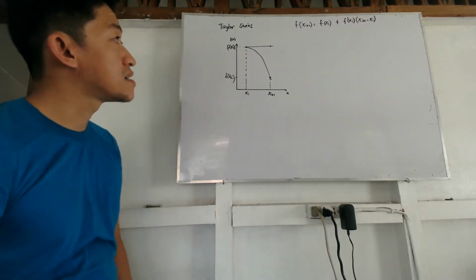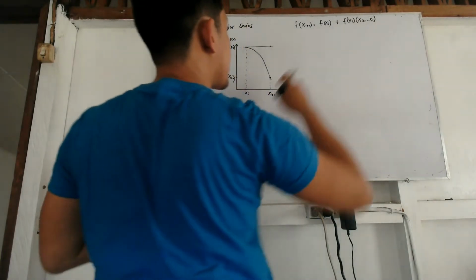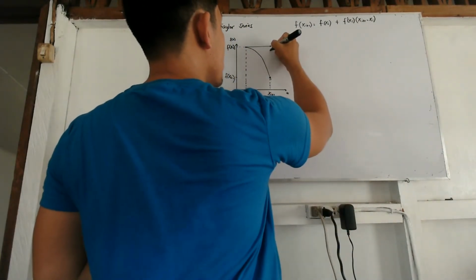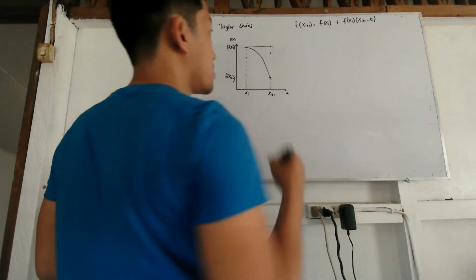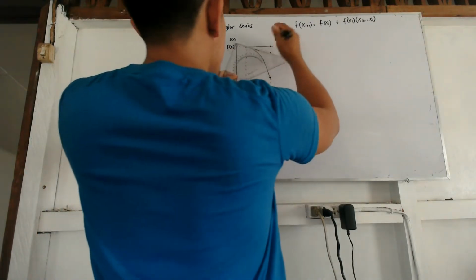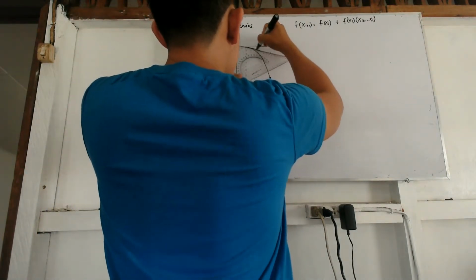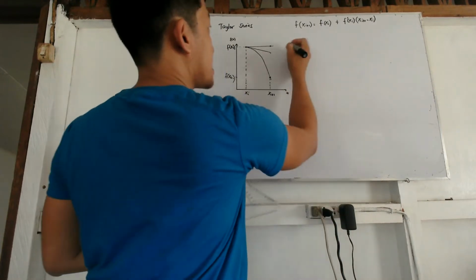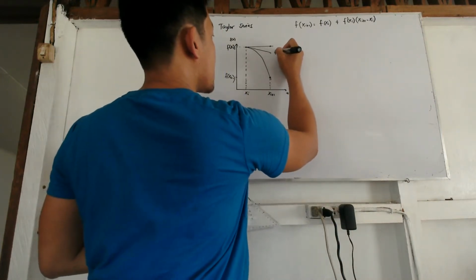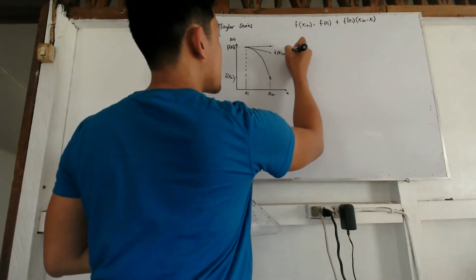Okay? So, what is this? This is a line. F of x sub i plus 1.